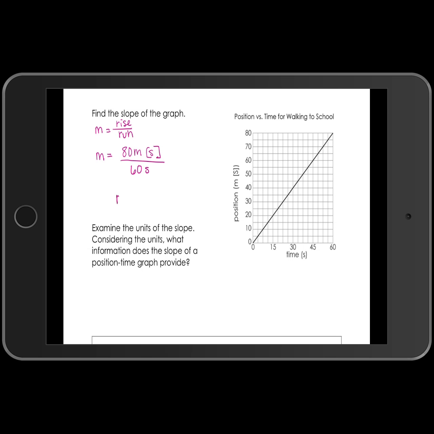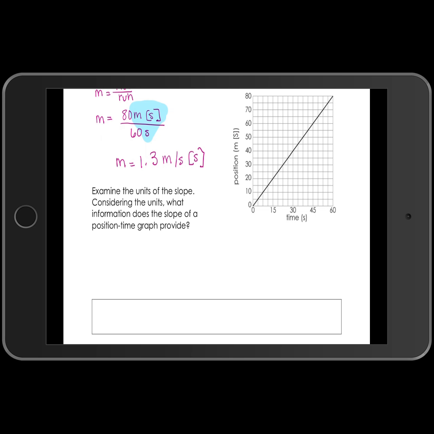Our answer, when simplified, is 1.3, and the units that are left behind are meters per second south.